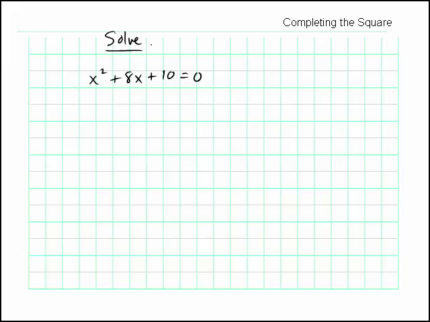Now, I can't solve this equation by factoring like I would in a previous chapter. It just doesn't factor. So what I'm going to do is a process called completing the square. I'm going to move the 10 to the other side of the equation. I'll leave a little space in here, like that.